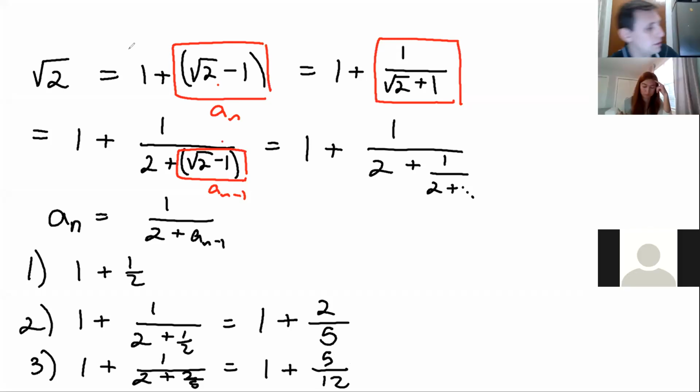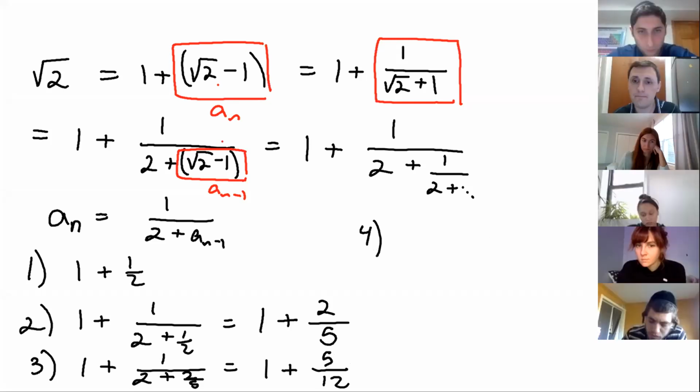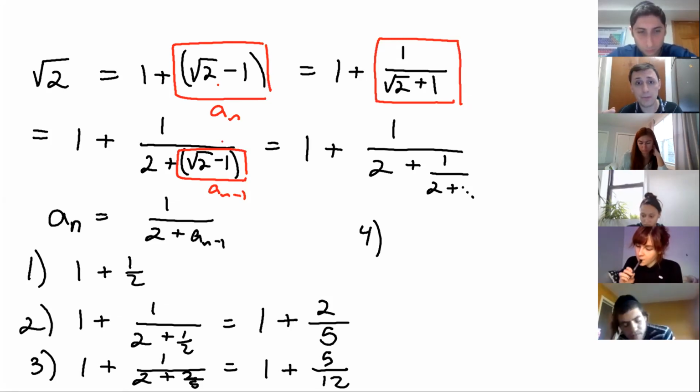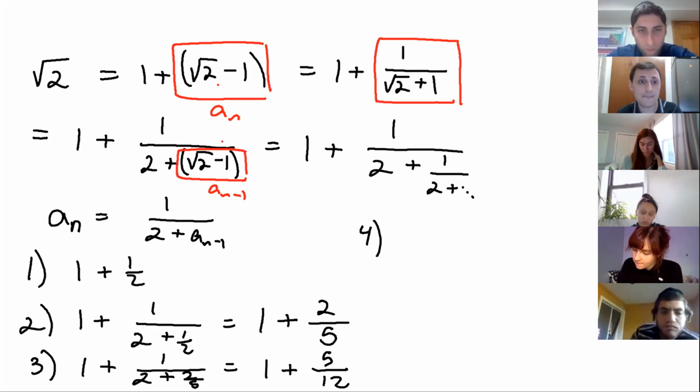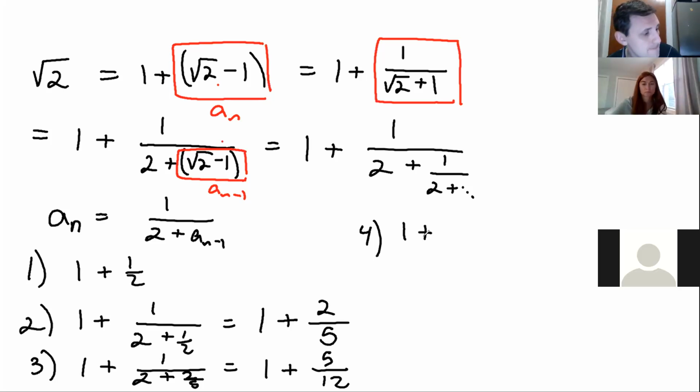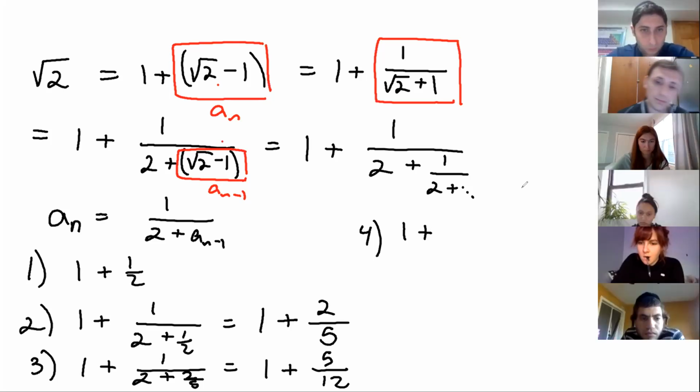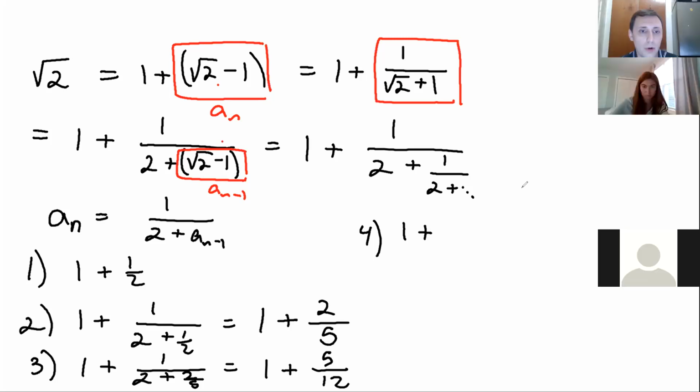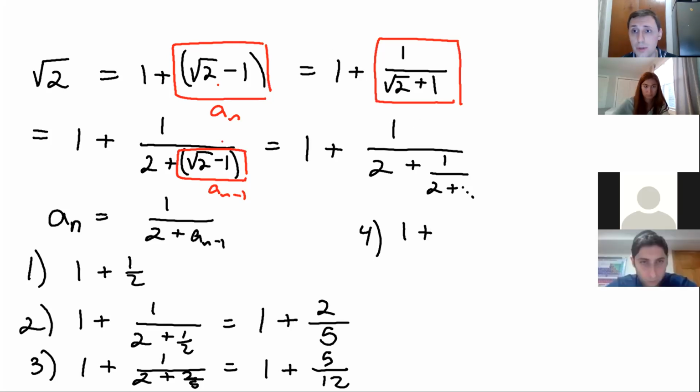That's 1, 2, 3, 4. What do I do next, guys? Anybody will tell me what's my next approximation? Let's approximate it to 4. What do I do? 1 plus what? According to this process, if you understood how this process was obtained, we do what?